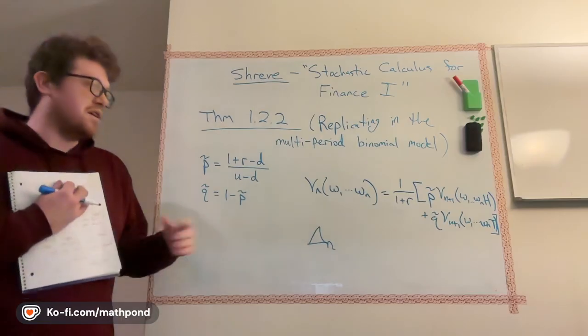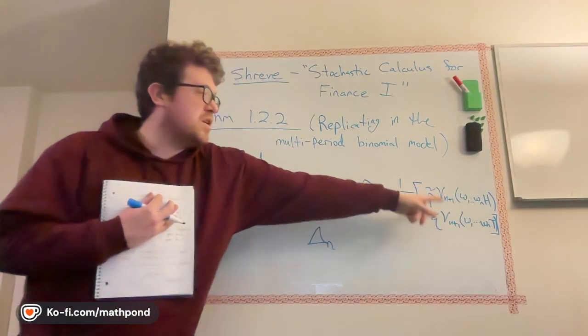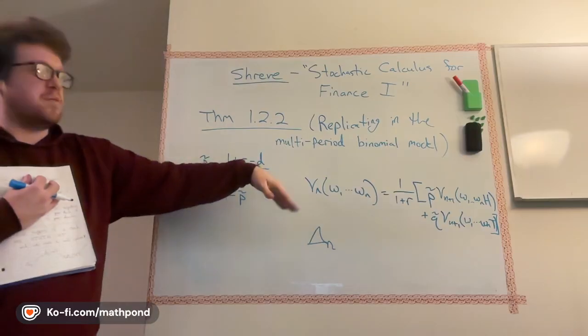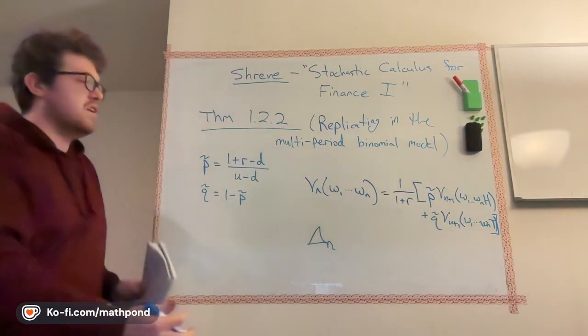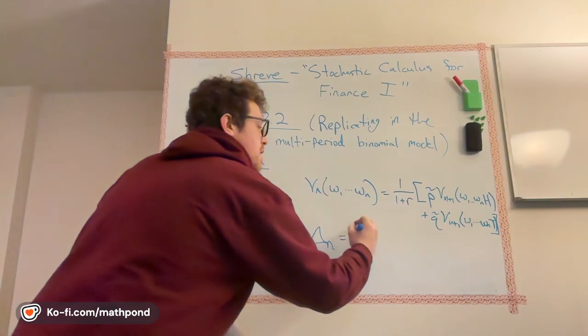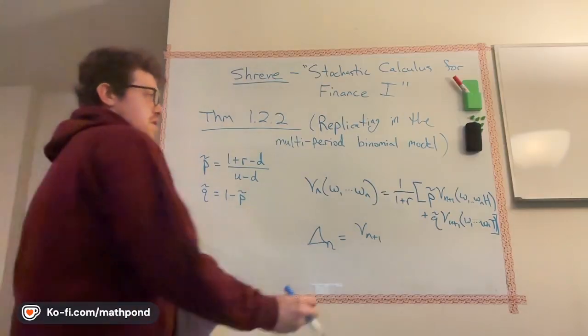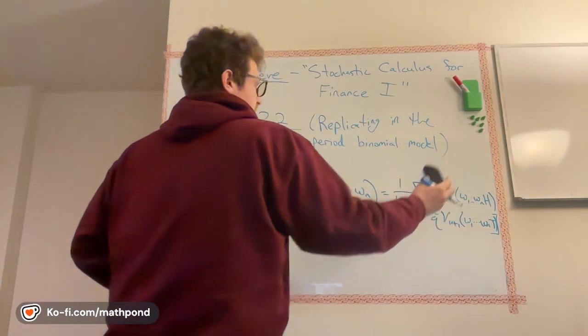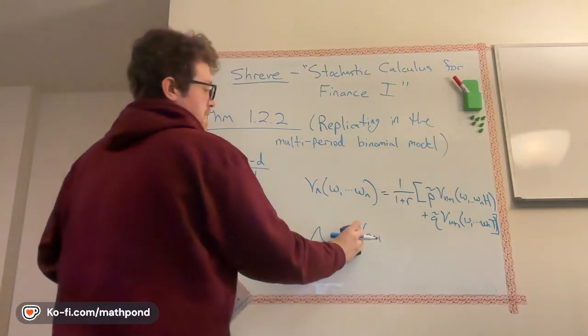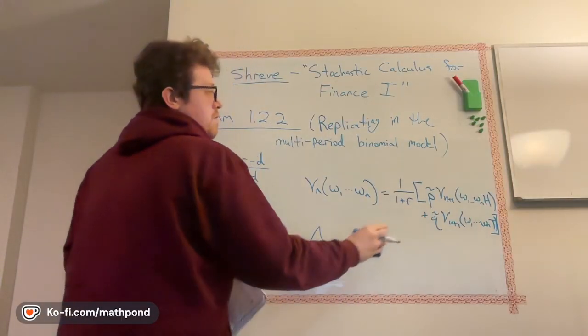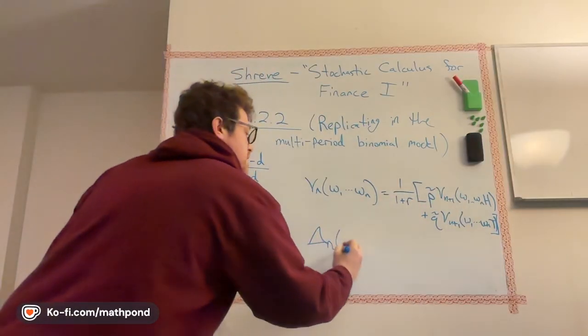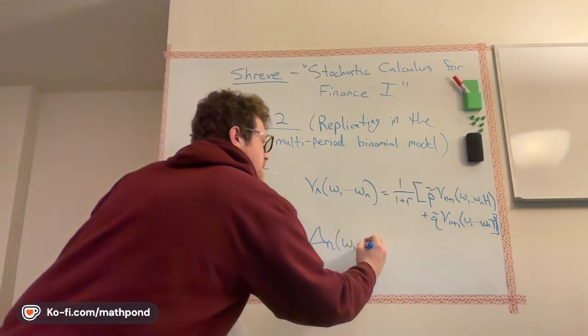We're just going to take the difference of the V n plus 1s divided by the difference of the S n plus 1s, the price of the stock. I guess I'll write it in, but there's technically all these omegas here.